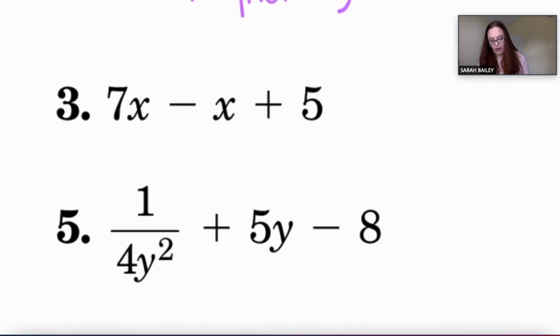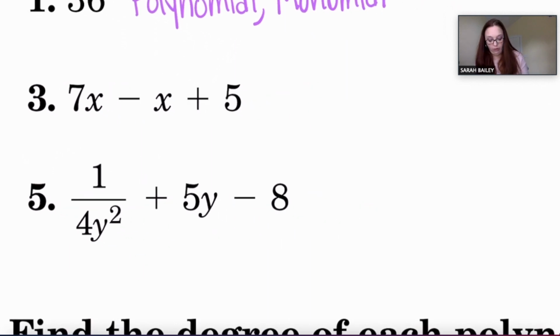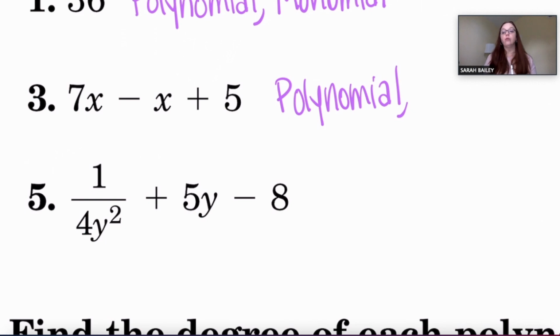Let's do number 3. So number 3, I have 7x minus x plus 5. This is a polynomial, so I'm going to write that down. And be careful, you might say that it is a trinomial because there are 3 terms.